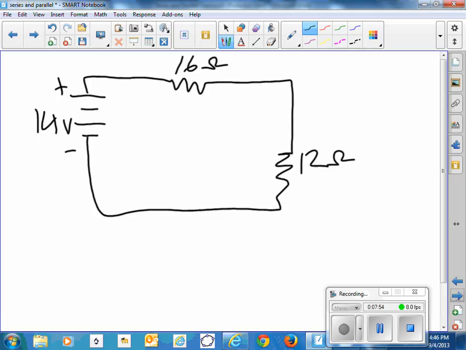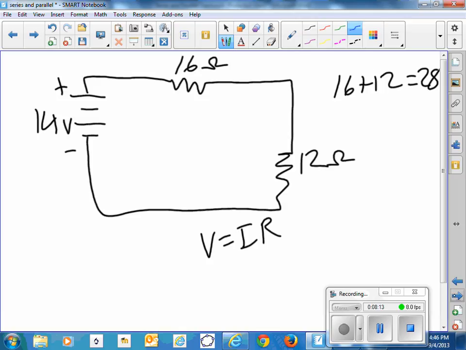Okay, connected this way, these resistors just add, and I have 16 plus 12 is 28. So my voltage is equal to my current times my resistance. I know the resistance is 28 ohms. I know the voltage, but I don't know the current, so I want to try to find the current. So let's say we have some unknown current flowing that way.